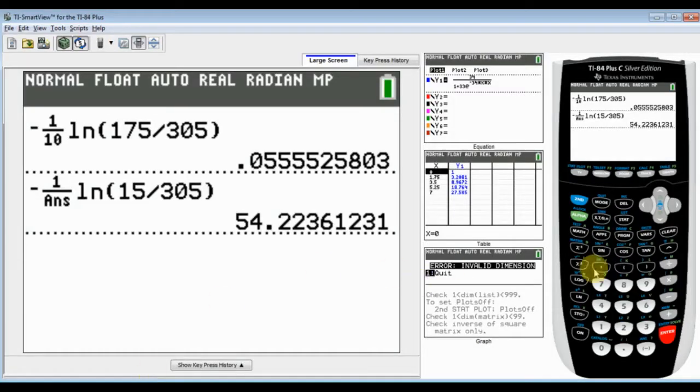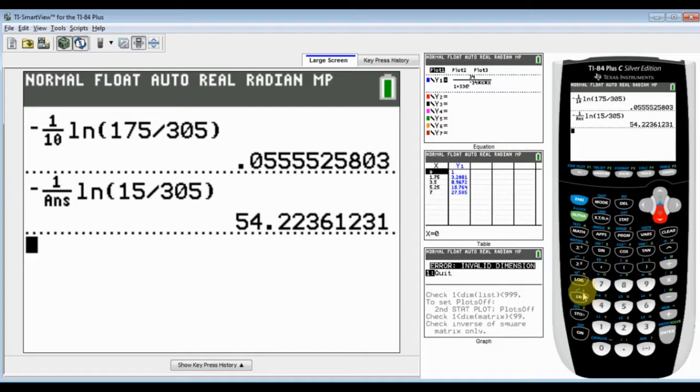So we have the natural log of 0.5. Where's my cursor? It's on the down arrow.